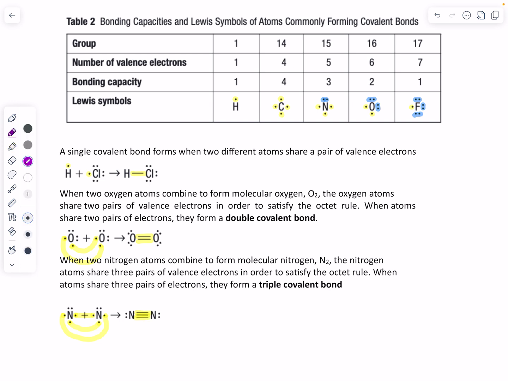So you can have a single covalent bond, a double covalent bond, and a triple covalent bond.